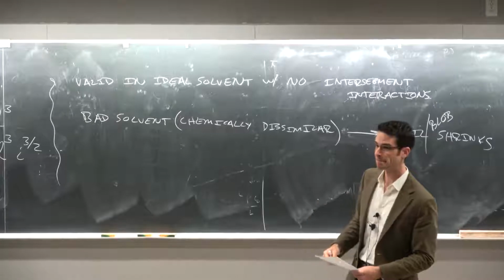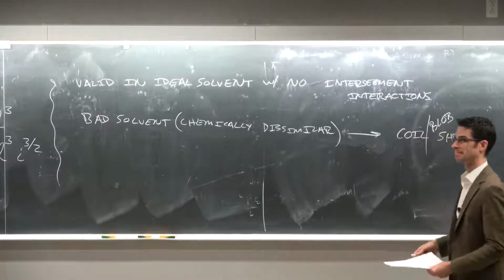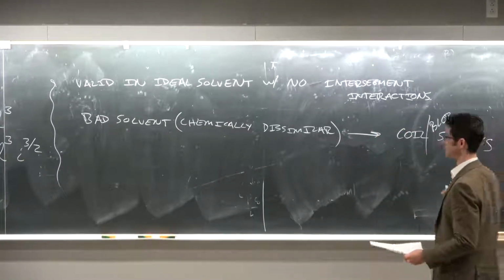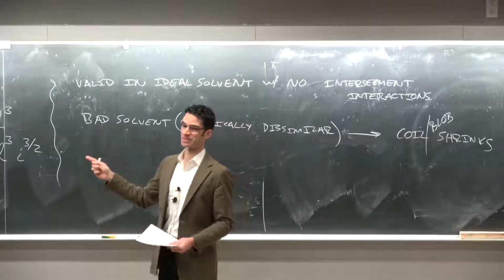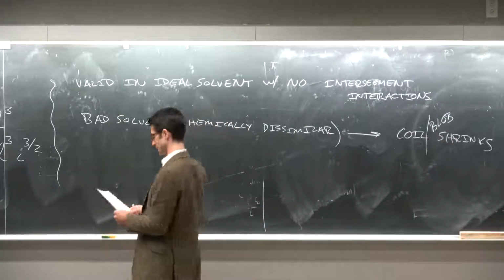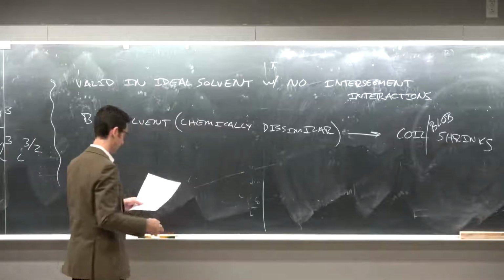Yep. Is it shrinking the radius of gyration when you have bad solvent? Yes. And in fact, in that case, and I'll get to it, the radius of gyration has a different name in the case where you have a non-ideal solvent.